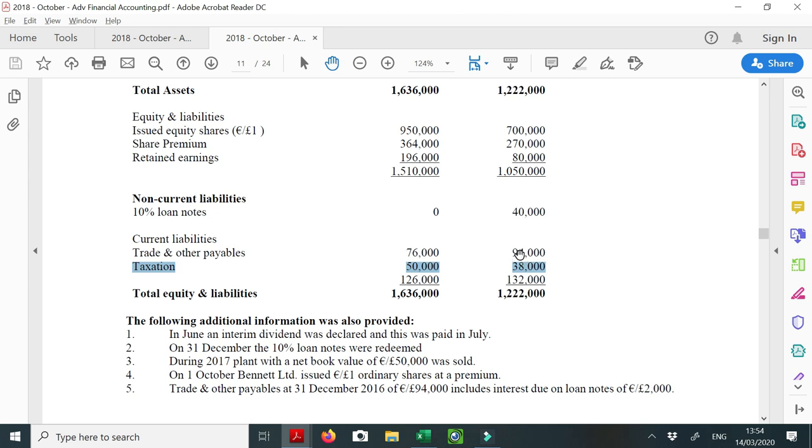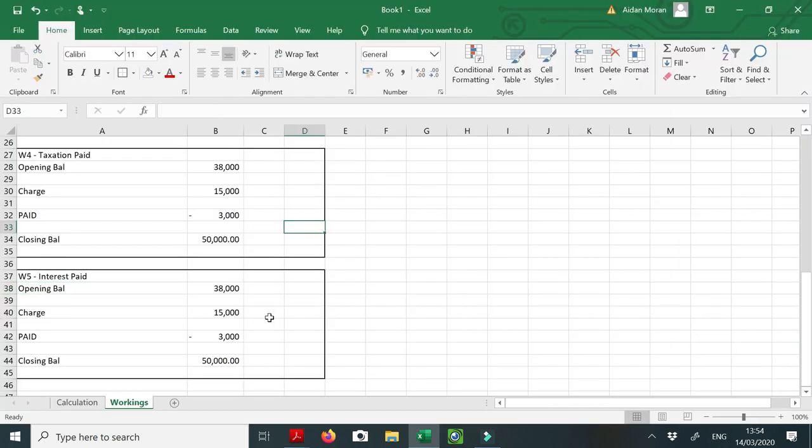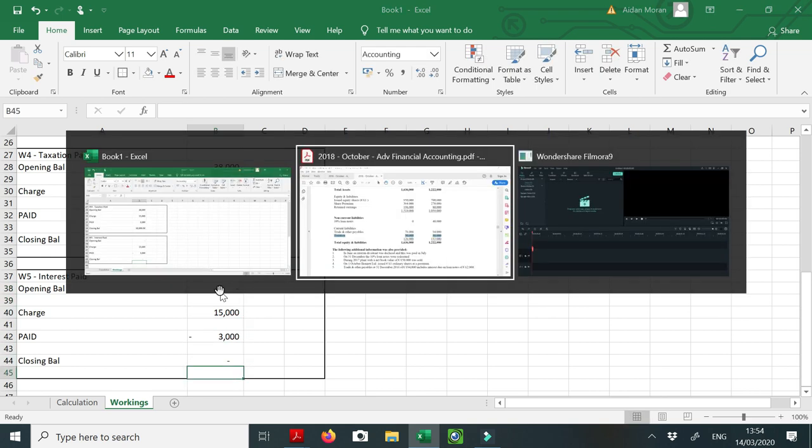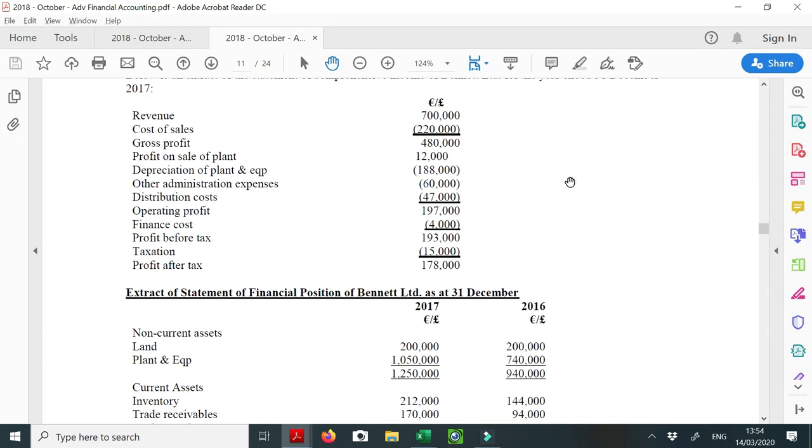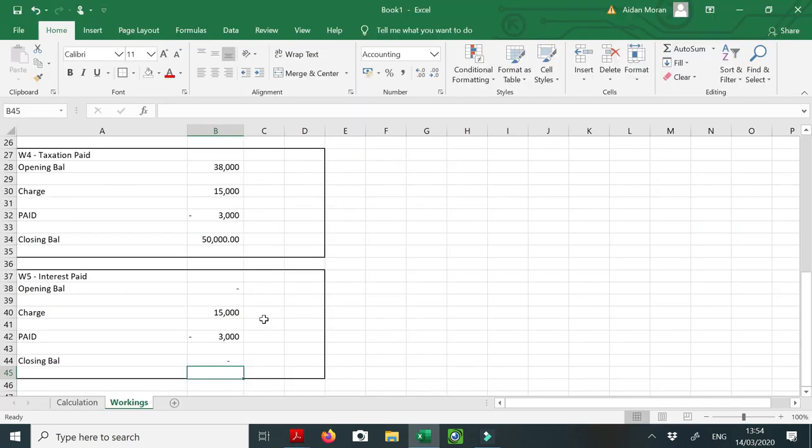It's not there. So therefore my opening balance is 0. My closing balance that I owed is 0. So I pop in 0. What was my charge in my accounts? Finance costs of 4,000 was my charge. So therefore I've had to have paid 4,000.